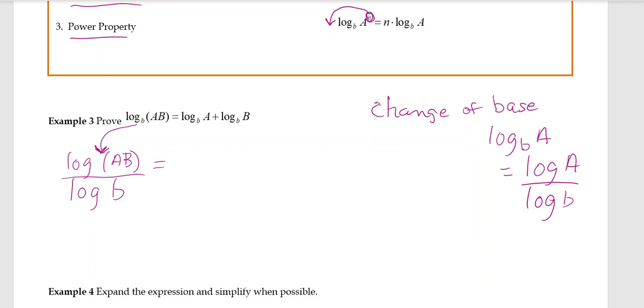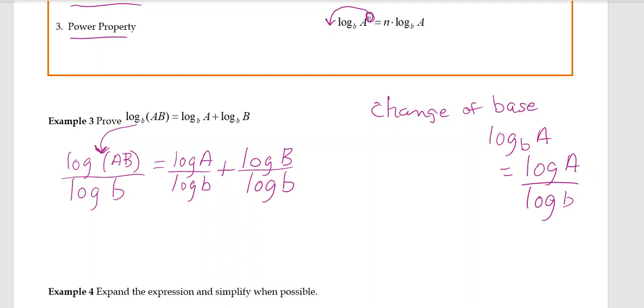So the first term here will be the log of A over the log of little b plus the log of B over the log of little b. Okay, all I did there is apply the change of base formula across the board to those 3 terms.